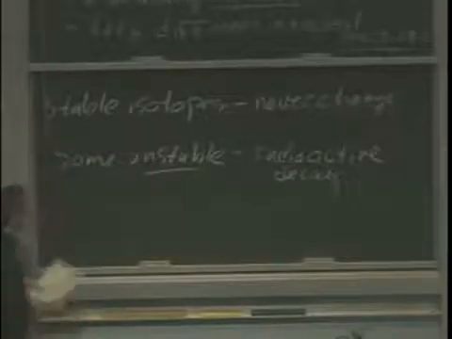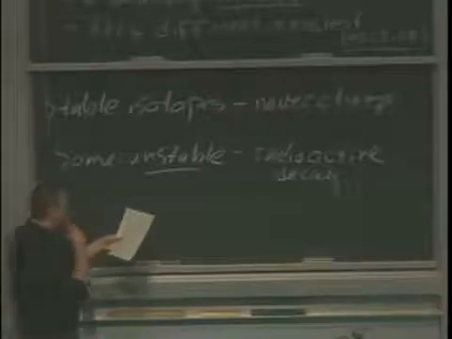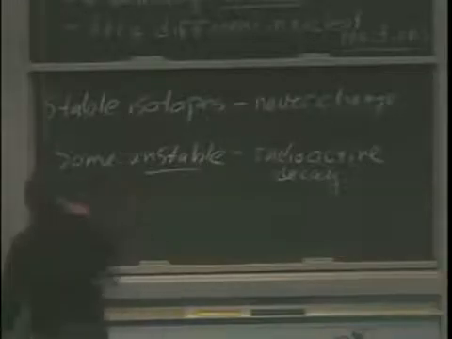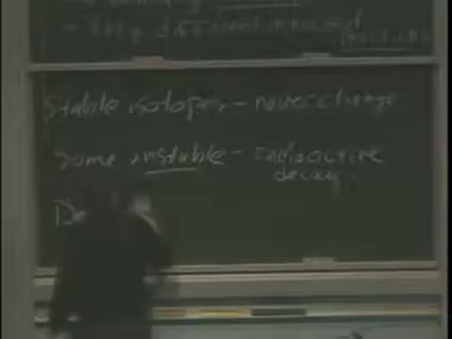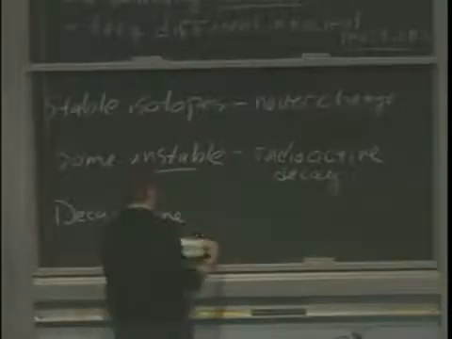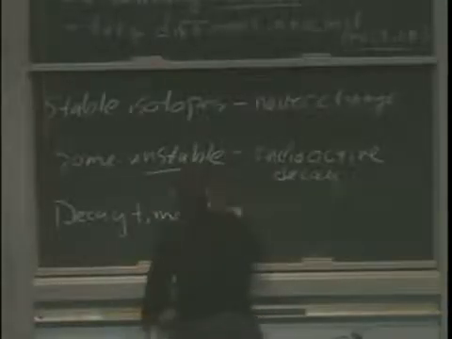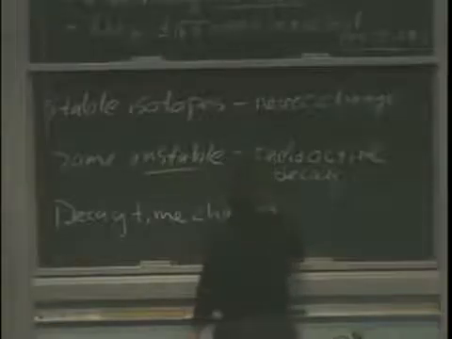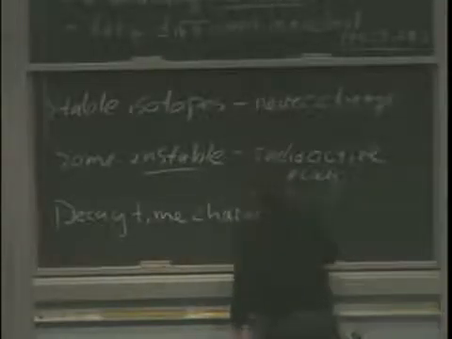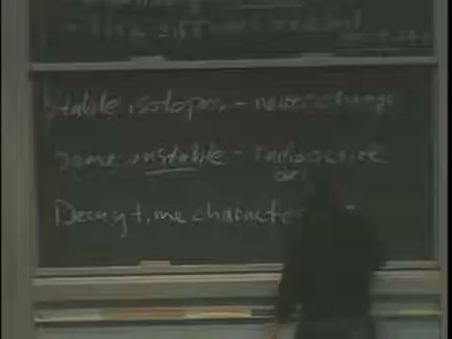But before I talk about that, let's talk about the half-life. So when something is undergoing a radioactive decay, its decay time is characterized by this quantity called the half-life.